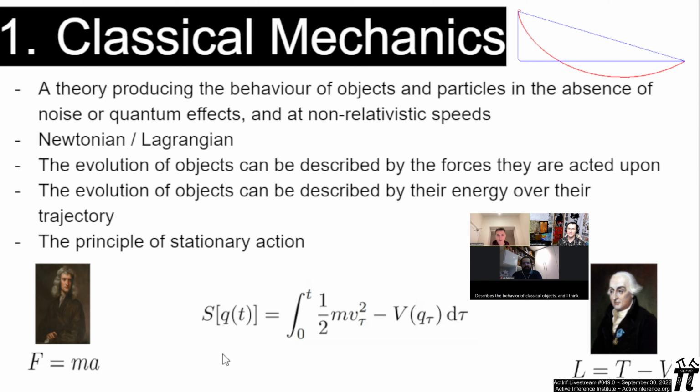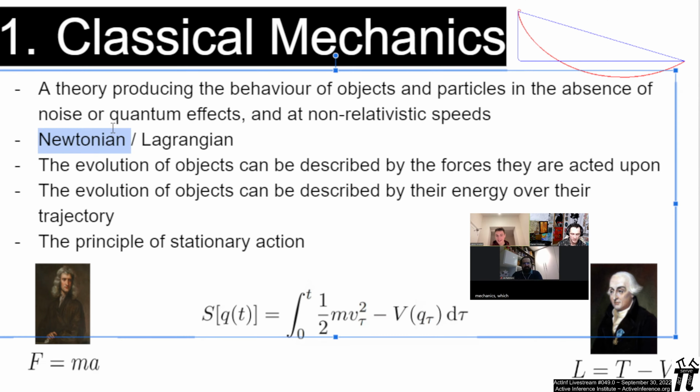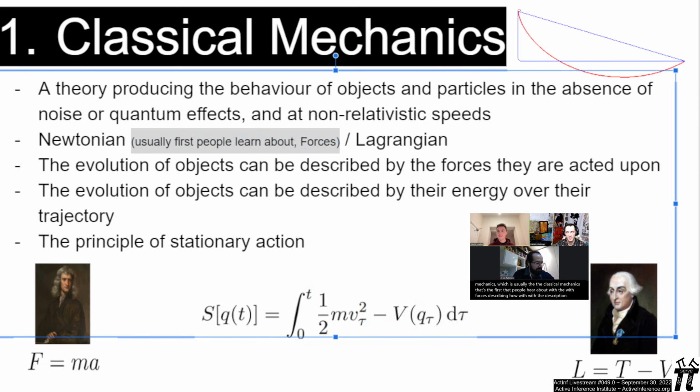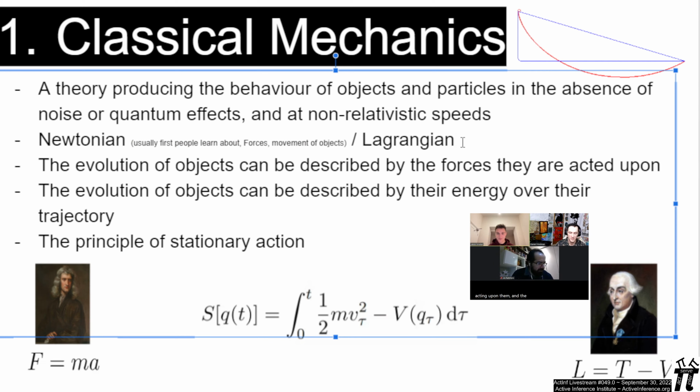And I think the two main threads to highlight here that are relevant even for understanding the paper on the worked example of Bayesian mechanics are, first, Newtonian mechanics, which is usually the classical mechanics that people hear about first, with the description of the movements of objects based on how forces are acting upon them, and the three fundamental laws.